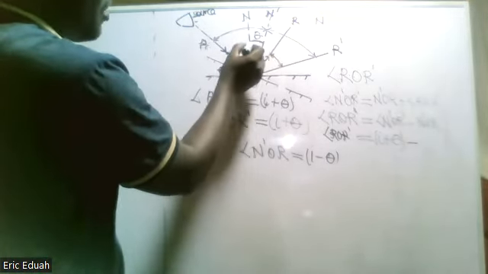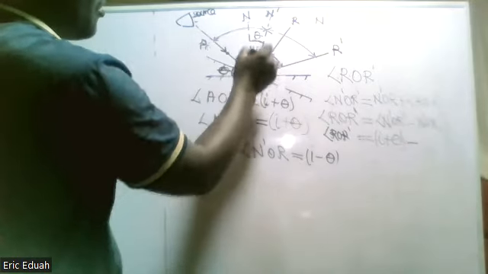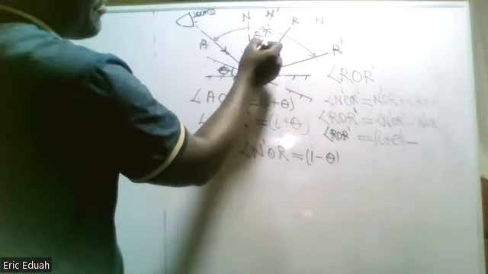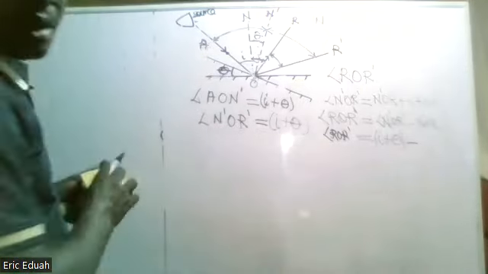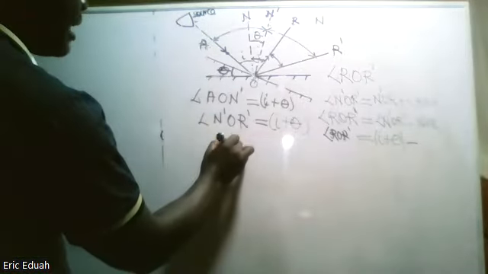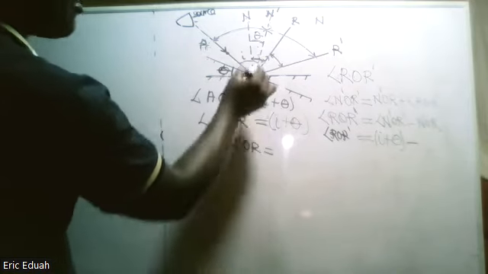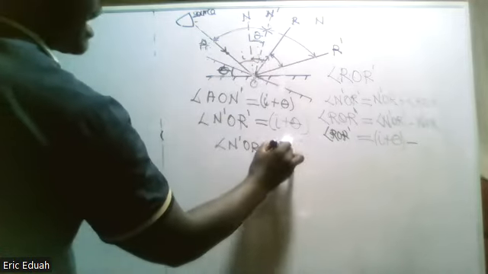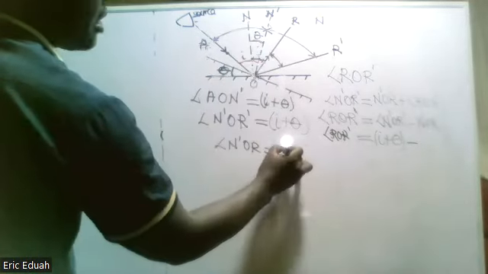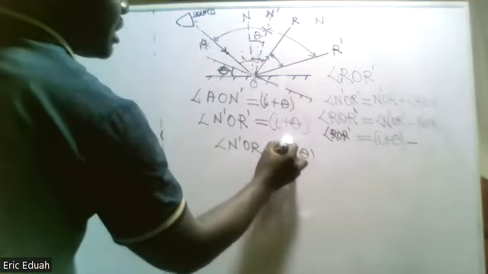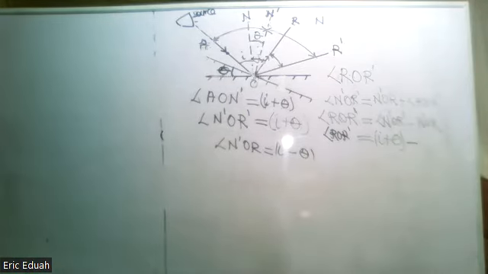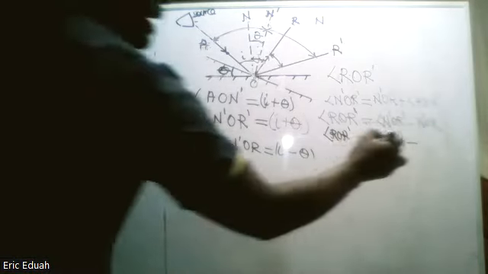So we know the angle NON prime to be theta, and we are looking for this. So it means that angle N prime OR must be equal to the bigger angle, which is I minus this angle theta. So she's right with what she said. So we put it as I minus theta.